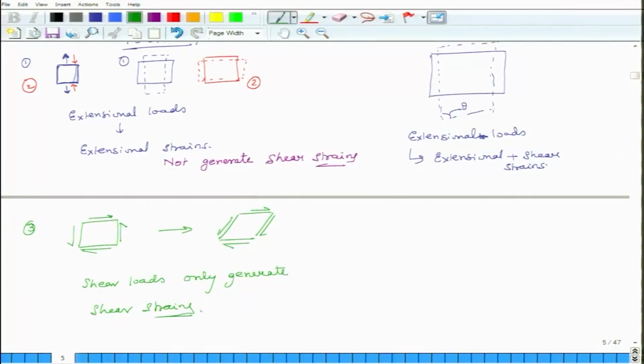But for anisotropic cases, shear loads generate extensional as well as shear strains. And why this happens, we will see the mathematics of it, but right now it is important to understand how they behave. So this is a very fundamental difference between anisotropic load cases and isotropic materials.